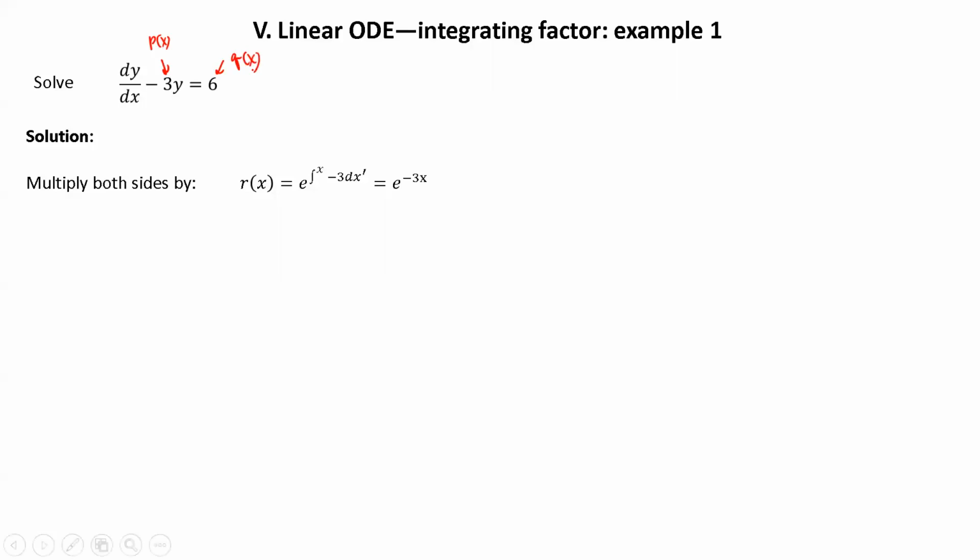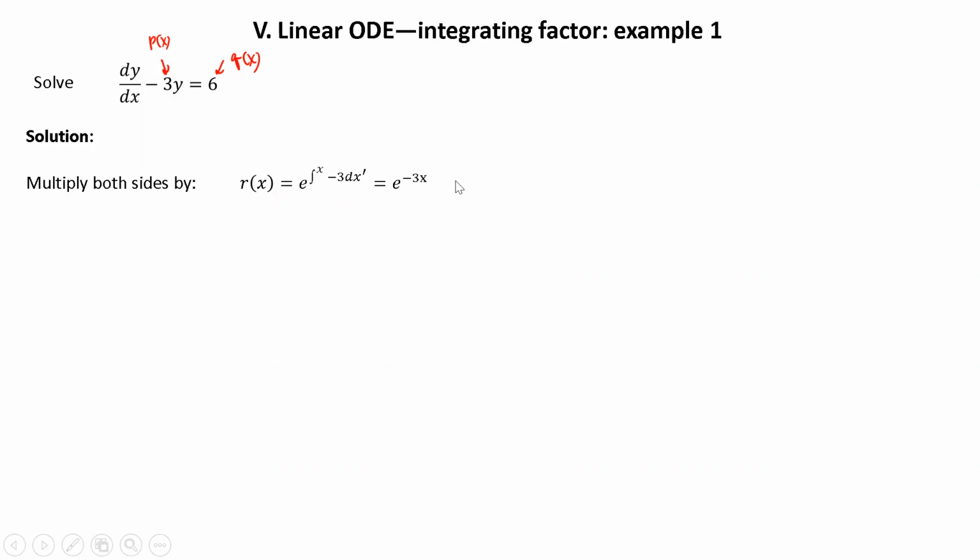This is so simple that in fact it can be solved with separation of variables already. But here we try the integrating factor. The P of x is actually just a constant, but I still call it P of x. Remember that r of x is the exponential of the integral of P of x. So it's just the exponential of the integral of minus 3, which is e to the power of minus 3x.